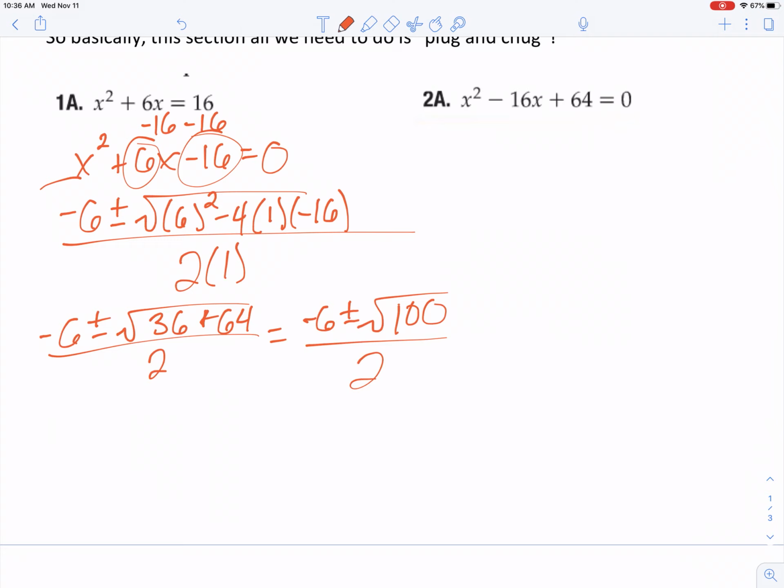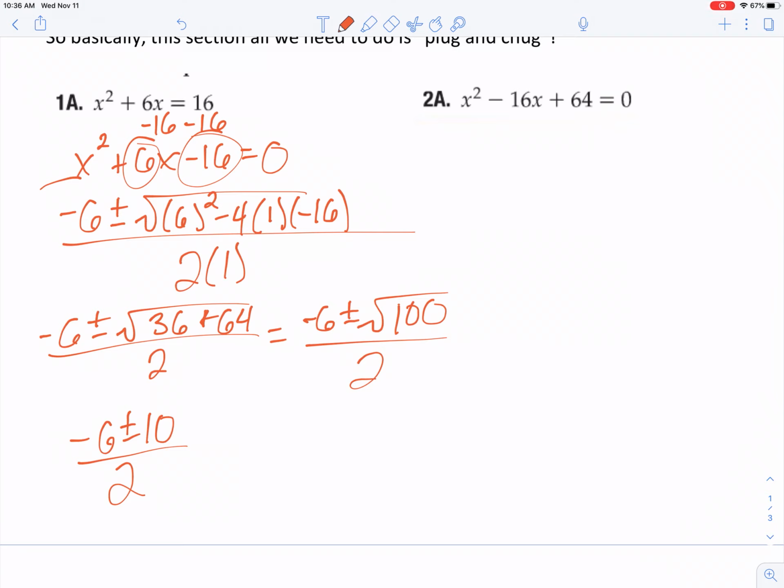And the square root of 100 is 10. You want to simplify this all the way down until you're stuck with just a number plus or minus a number divided by a third number. That's what I have here.